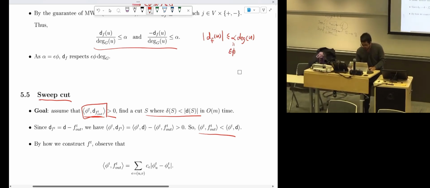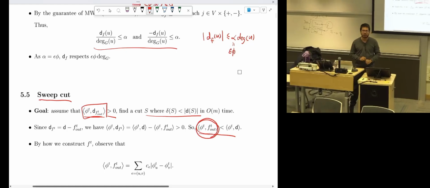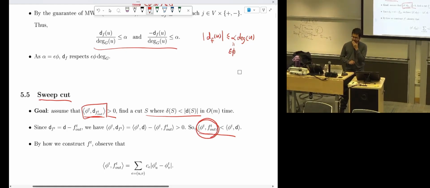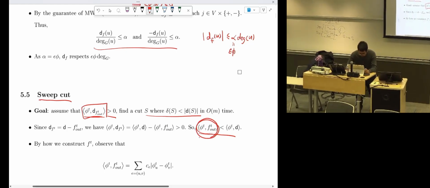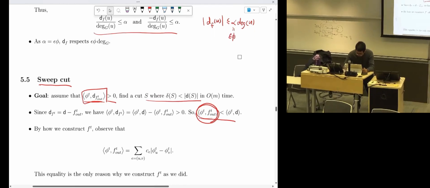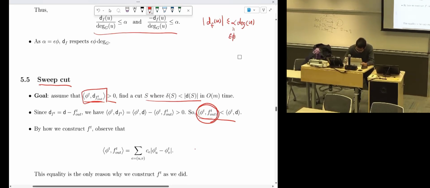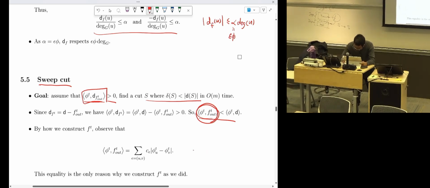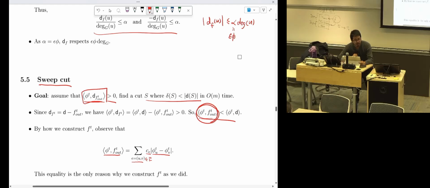Now let's analyze this one. What is this? I claim that this thing is just the same thing as the sum over all edges of the capacity of the edge multiplied by the difference between potentials.